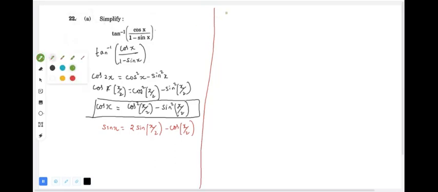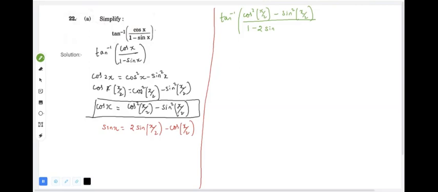We get tan inverse of, here cos is cos square x by 2 minus sin square x by 2, divided by 1 minus 2 sin x by 2 into cos x by 2.